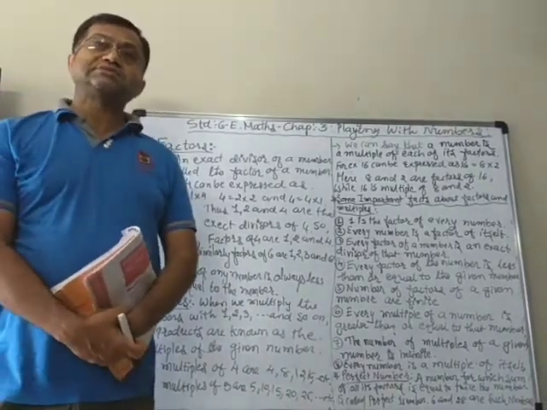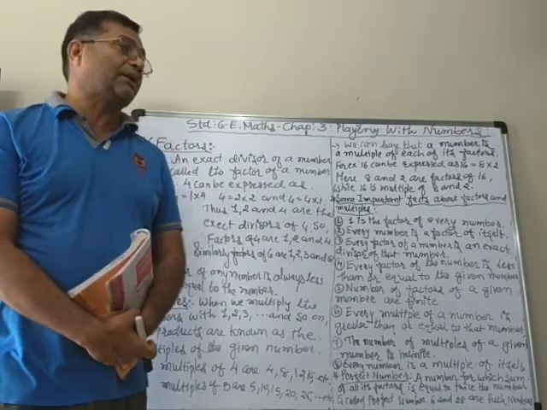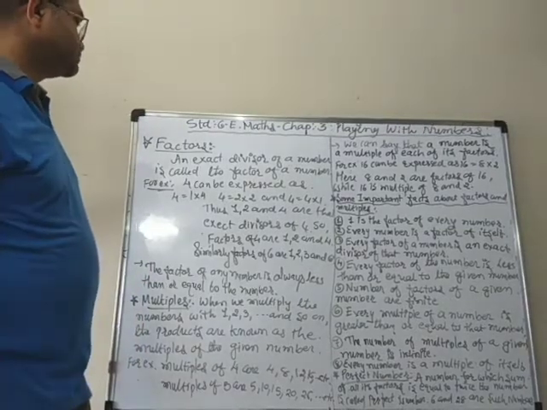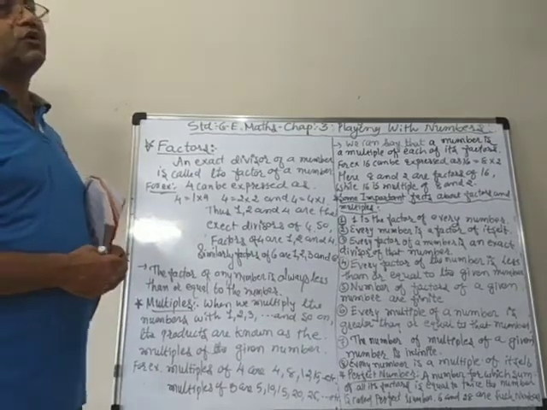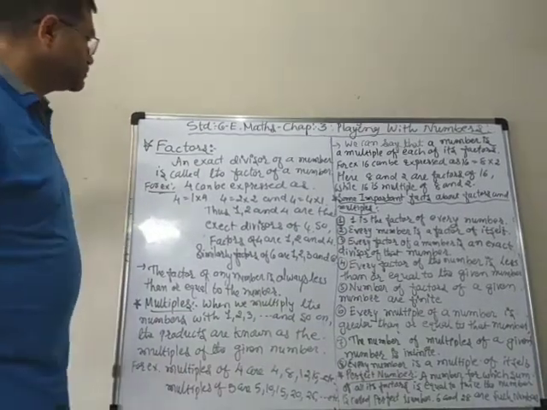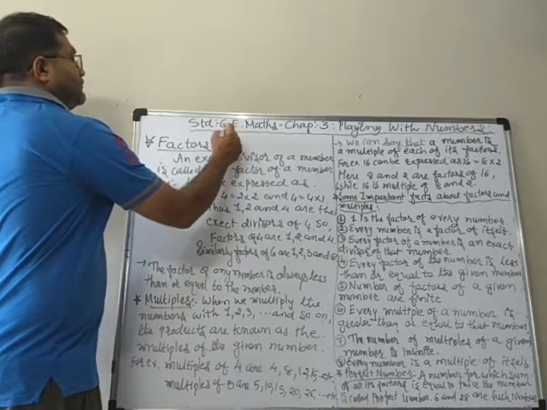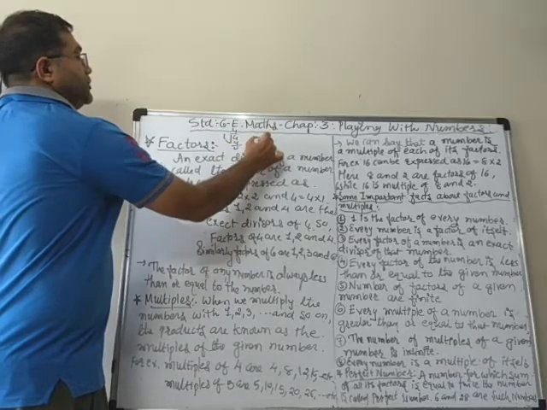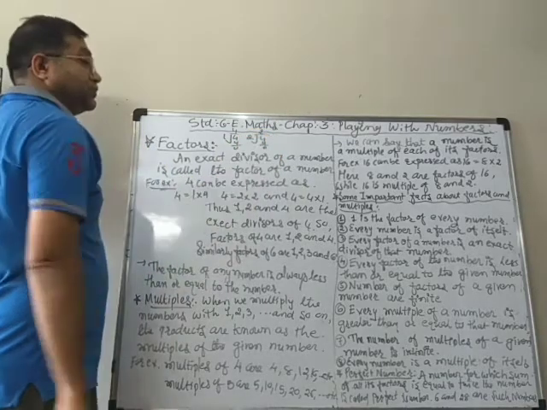Factors means they are the exact divisors of the number. If we talk about the 4, then one by one if we divide 4 with the numbers, then you can see that if you divide 4 by 1, you can write down 1 4s are 4. If you divide 4 by 2, 2 2s are 4 and you get remainder 0.